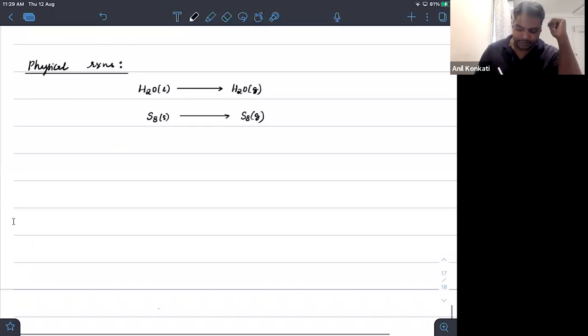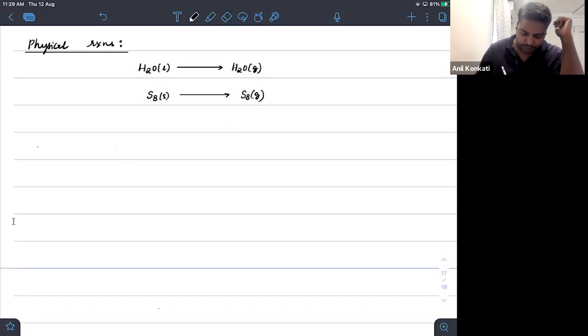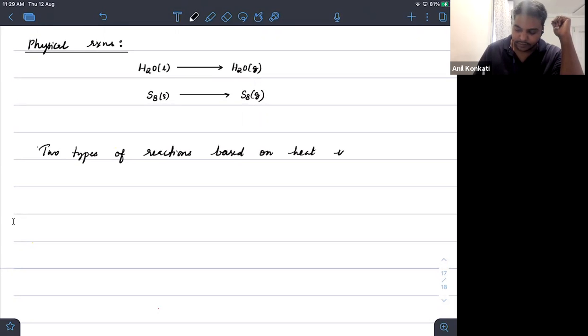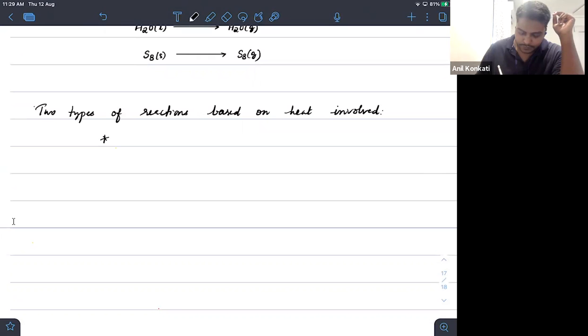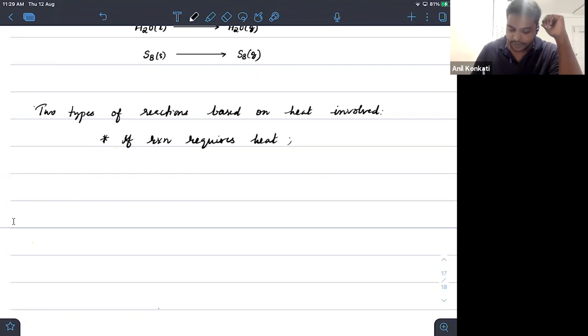Now, every time a reaction is happening, we discuss them in two types. So there are two types of reactions based on heat involved, which means if a reaction requires energy, requires heat, then we say this is an endothermic reaction.